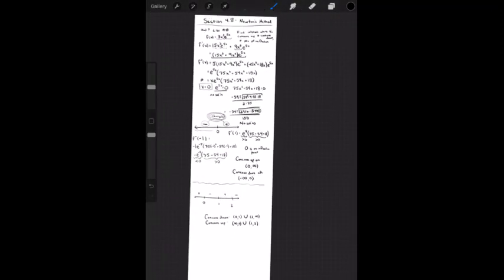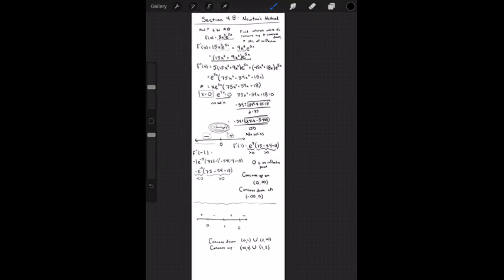So pretending like we had the same f of x for some reason, we can see that we have inflection points, all three of those give us inflection points. Right, and usually we just talk about inflection points with the x coordinates.